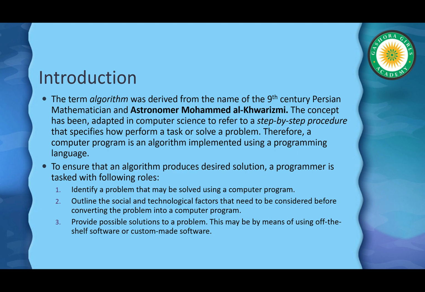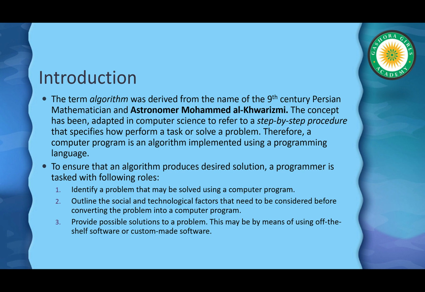The term algorithm was derived from the name of the 9th century Persian mathematician and astronomer Muhammad al-Khwarizmi, and the concept has been adapted in computer science to refer to a step-by-step procedure that specifies how to perform a task or solve a problem.